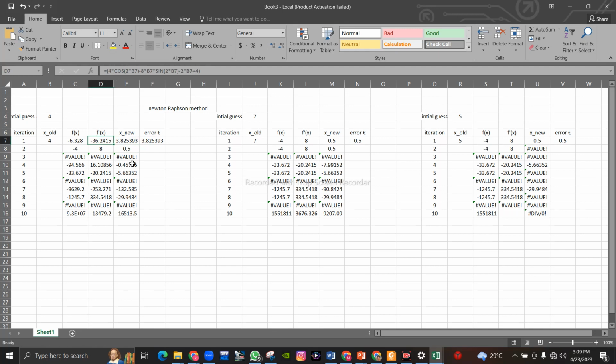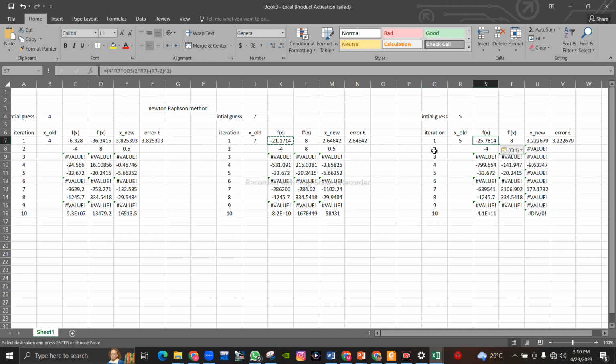Okay, B7, has this changed? This B7, C7, this C7, and this D7. Okay, no problem. You can copy that, Ctrl C, and put it here. Ctrl V. Copy this again, Ctrl C. Put it for f of x here.